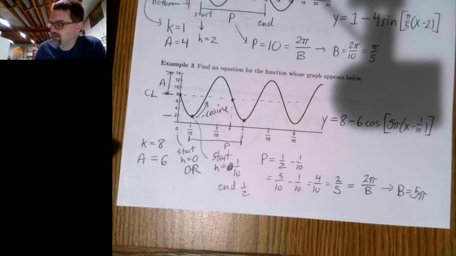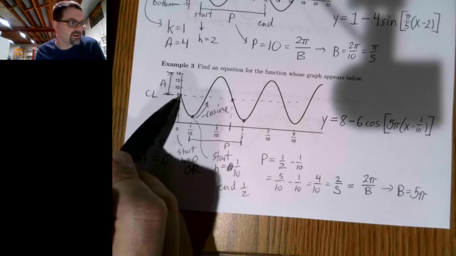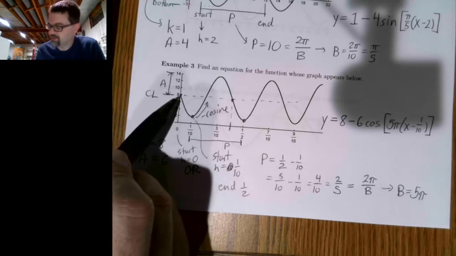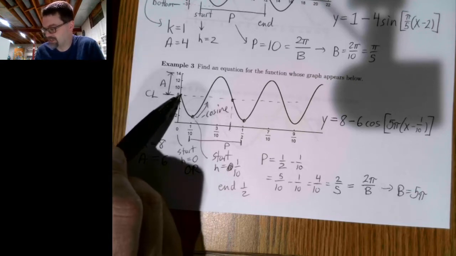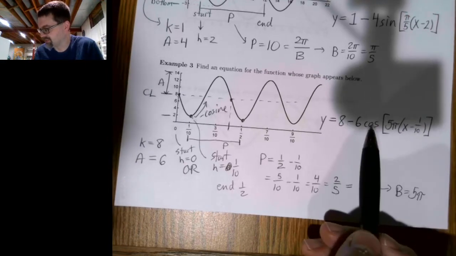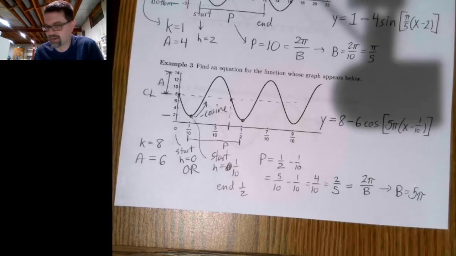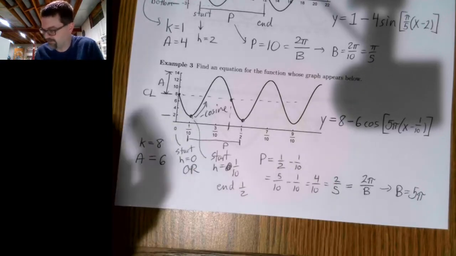Now if we had done that differently, if we had taken this to be our starting spot and run with that, we would get a very similar looking equation, except this, as a starting spot, would give us a negative sine function instead. We wouldn't have the 1/10 here anymore, and we would have a negative sine instead, and just 5 pi x inside. Even though that's different, it's actually the same function.